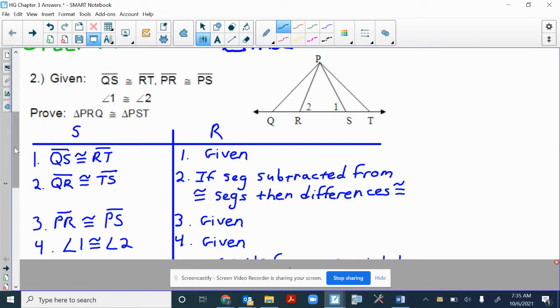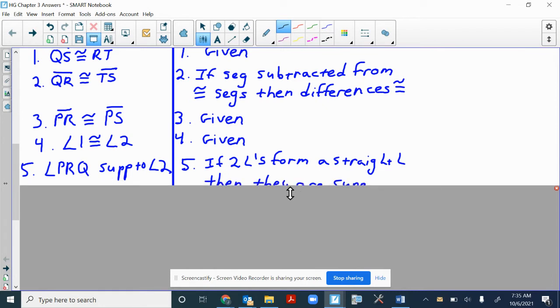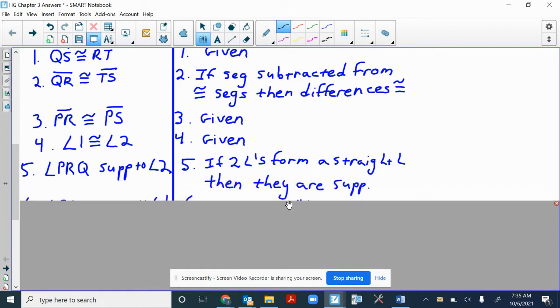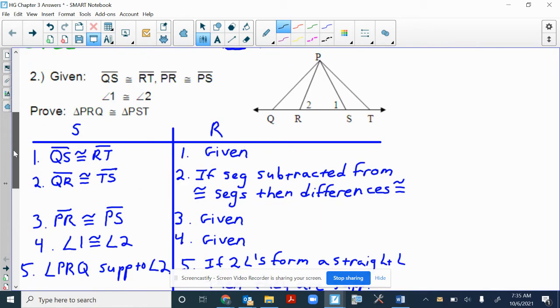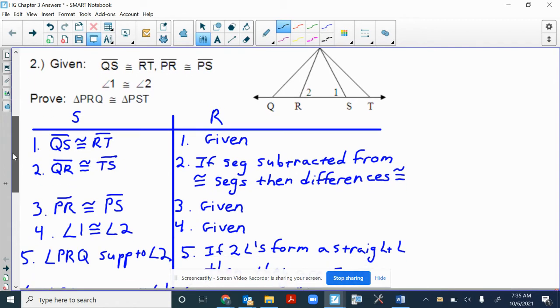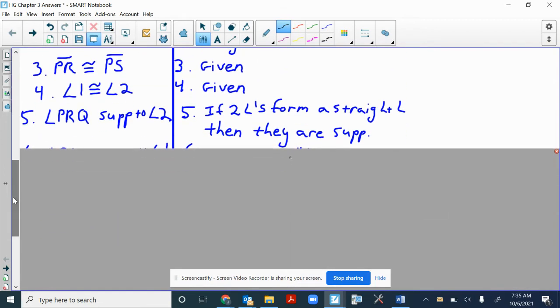and then QR is congruent to ST. All right, and so now, based on that, we do know that angle PRQ, which is an angle inside one of our triangles, is supplementary to angle 2, and if two angles form a straight angle, then they are supplementary.